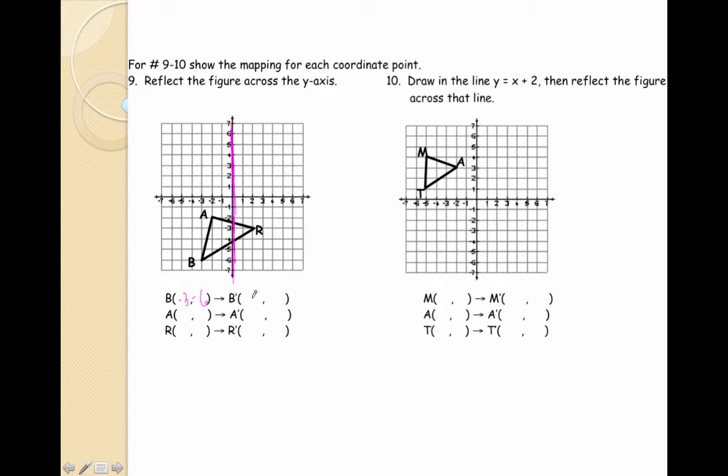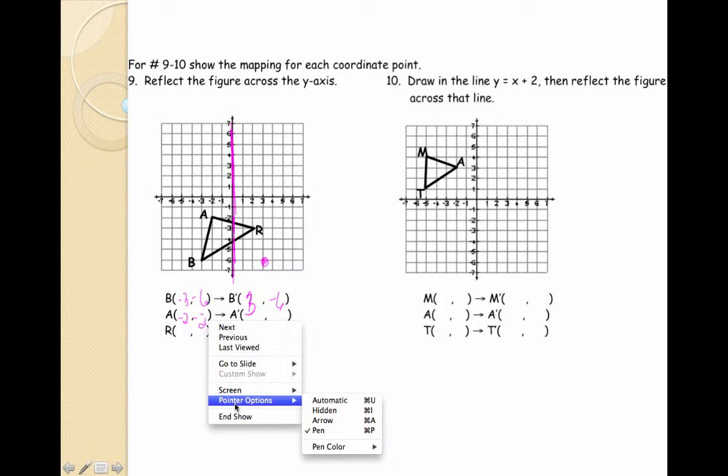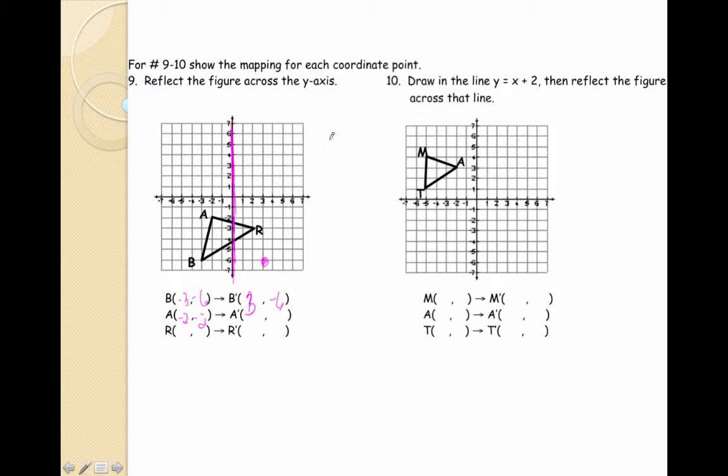So you might already know this is going to be 3, -6. But if not, let's look from B. 1, 2, 3 to get to the line, 1, 2, 3 more to get to the image. That's 3, -6. A is -2, -2. So if it's just going to change the x value, then it'll be 2, -2.